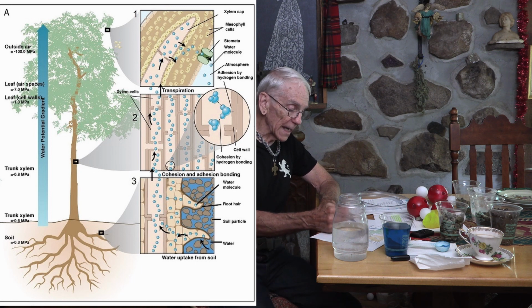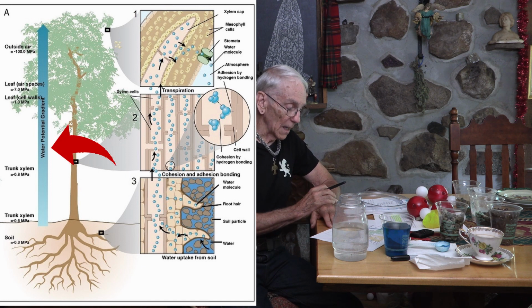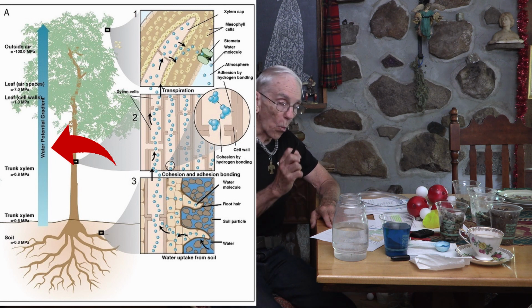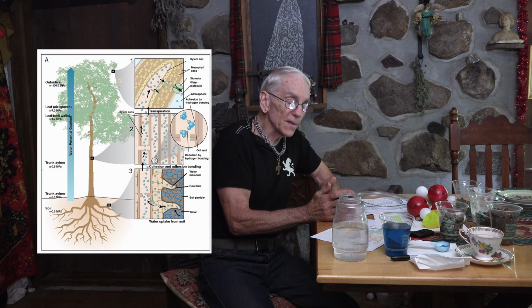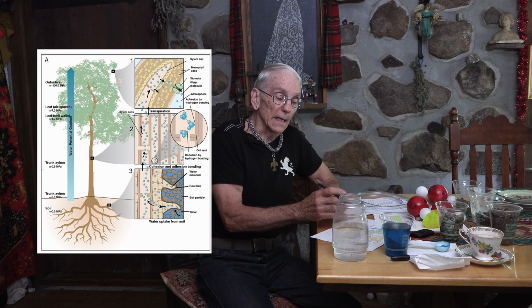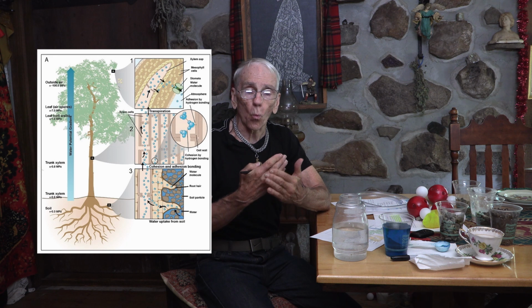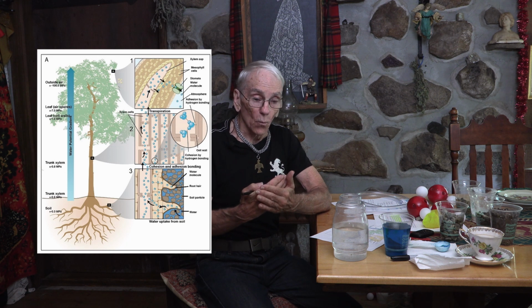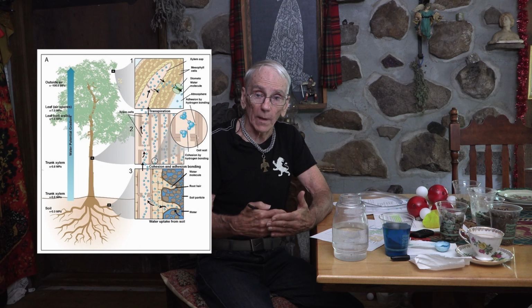If you look on the left-hand side, at that blue arrow that is pointing up from the soil to the top of the tree, you see what it says: water potential gradient. Everything we've been talking about today is wrapped around this concept of differences in water energy levels, which is also called water energy gradients.